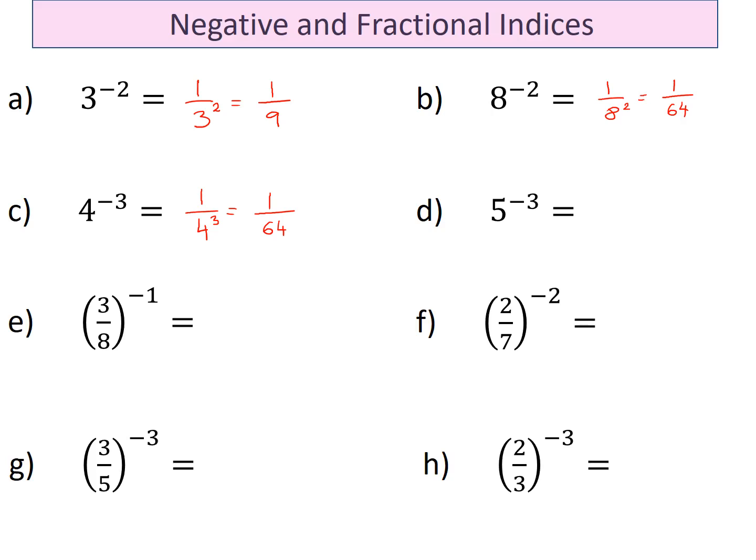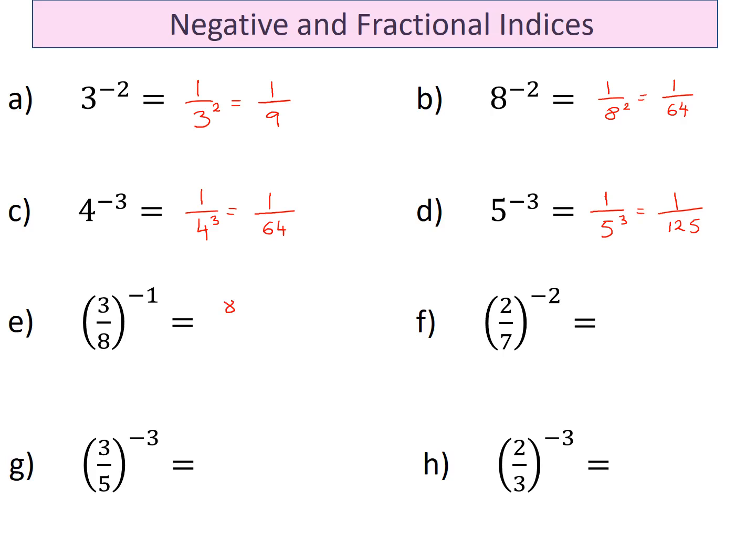In the next question, 5 to the power of minus 3, I write the reciprocal, which is 1 over 5, and then to the power of 3, and that is 1 over 125. In the next questions, I've got a fraction. So to write down the reciprocal, I flip the fraction.